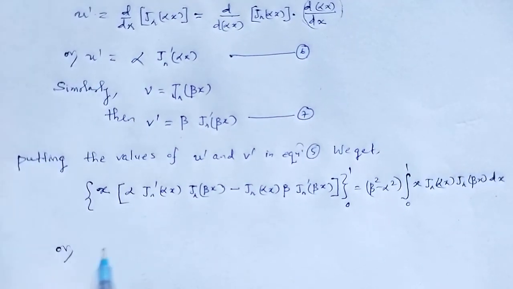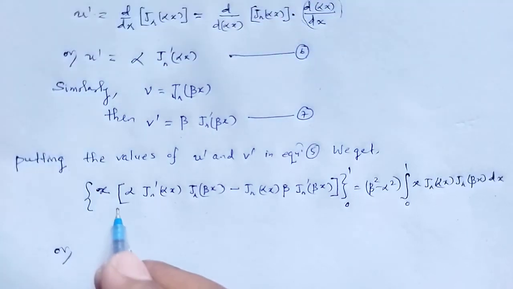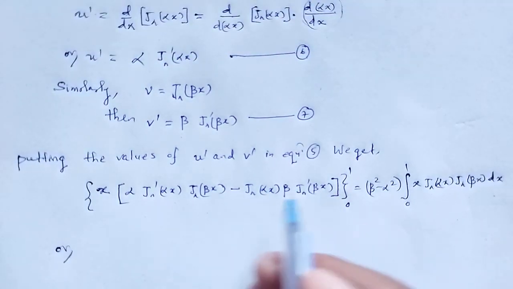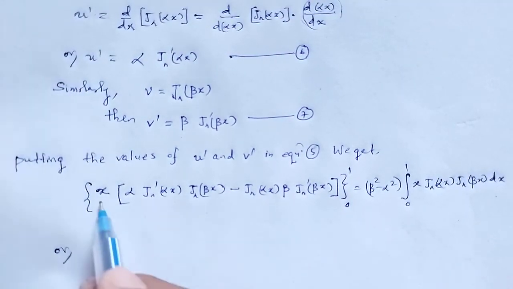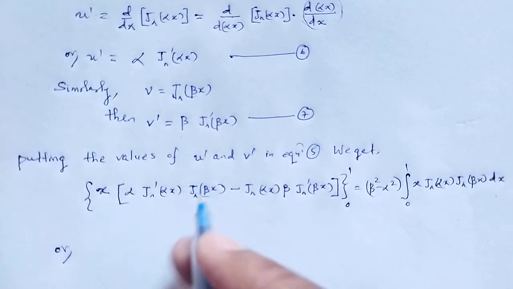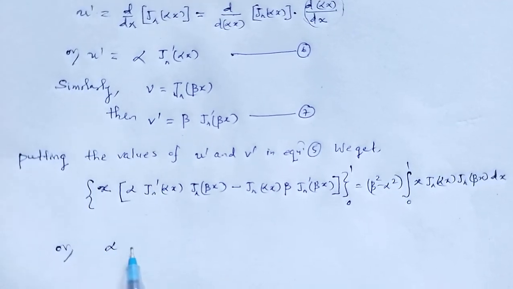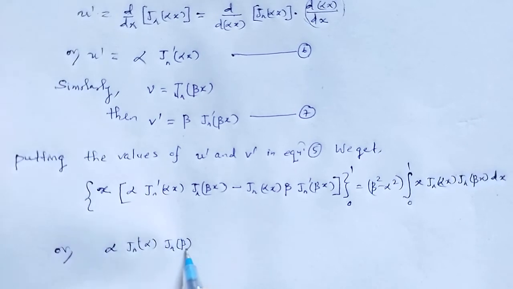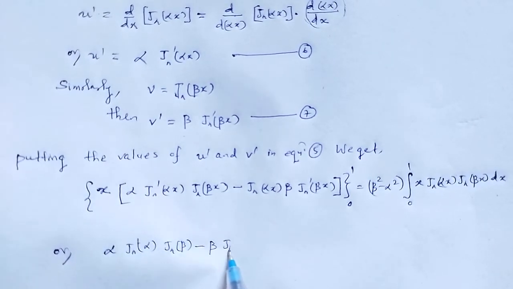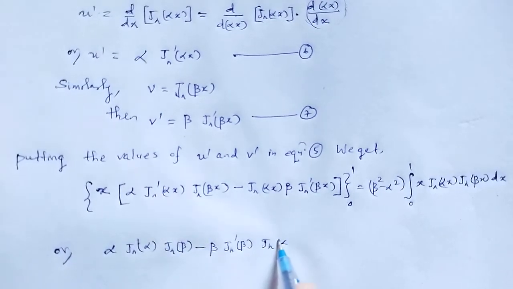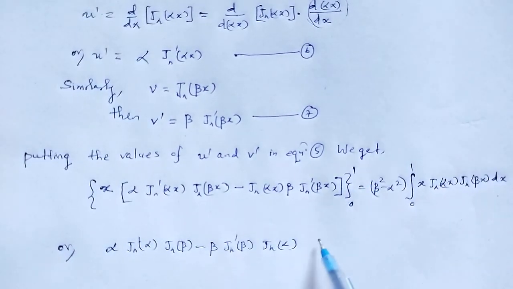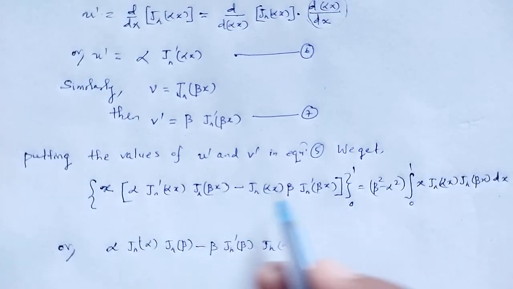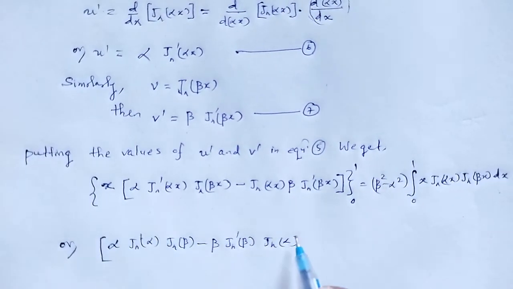Taking the upper limit and lower limit here, when we put 1 in place of x, we have alpha Jn dash alpha Jn beta minus beta Jn dash of beta Jn alpha. We put the upper limit, then putting the lower limit 0, all terms are cancelled, only the upper limit exists.